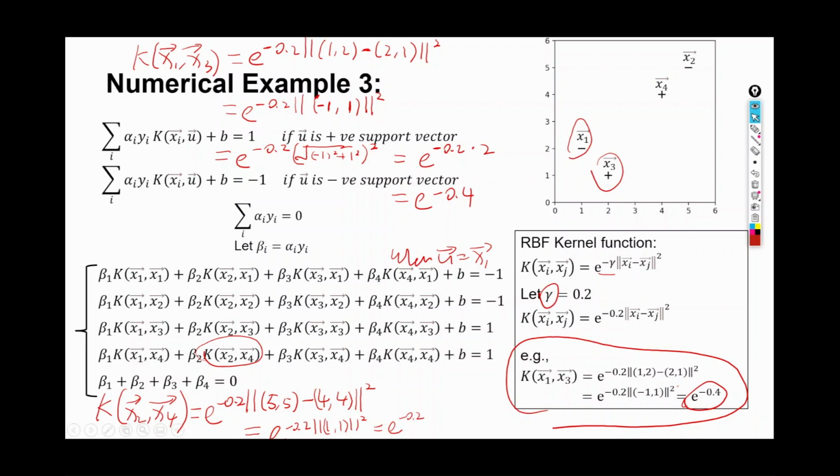The L2 norm will be the square root of 2, and squared we have the same thing, e to the power of -0.4.